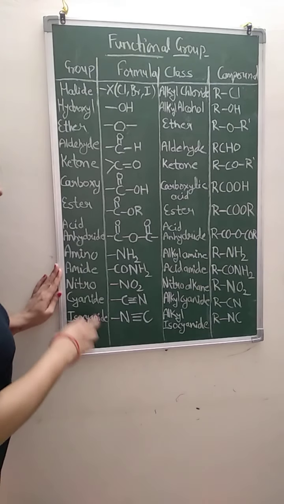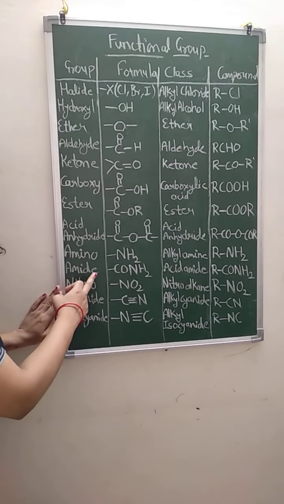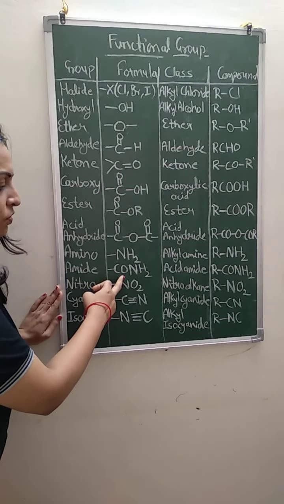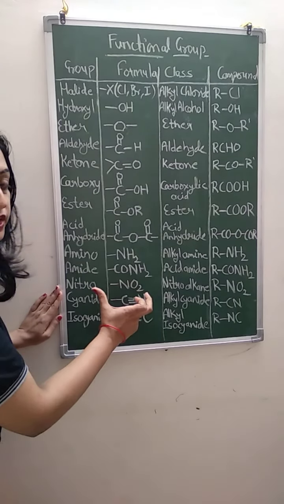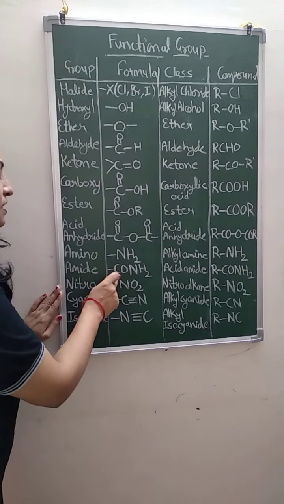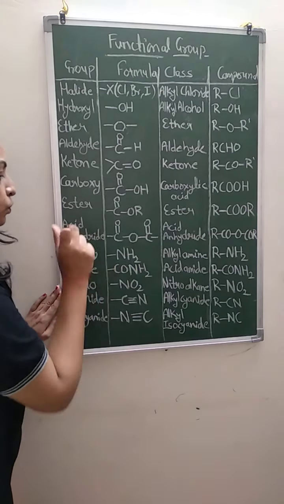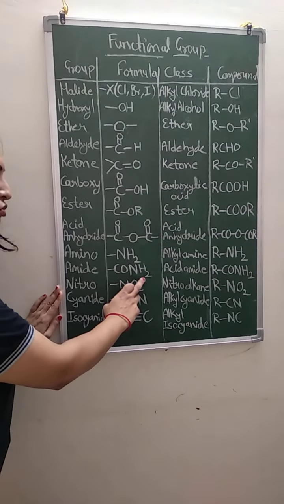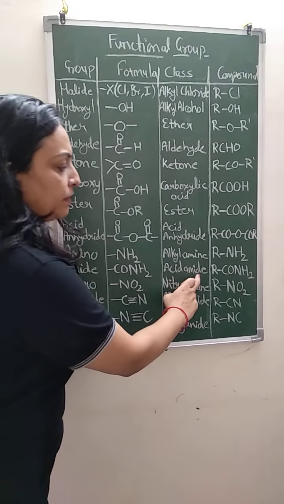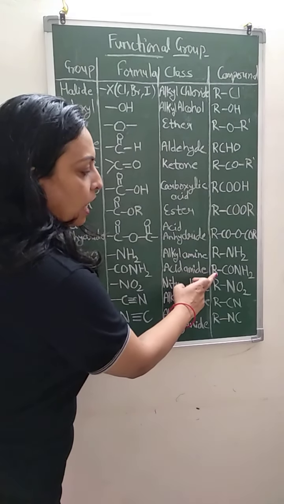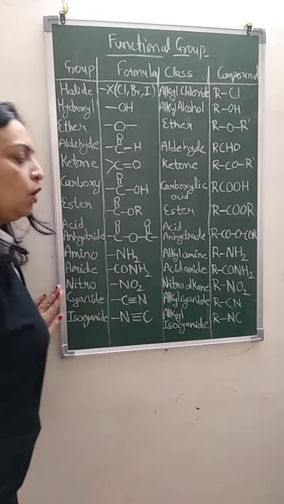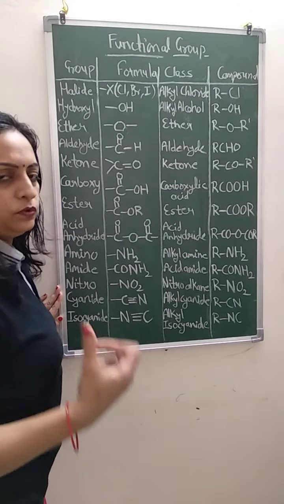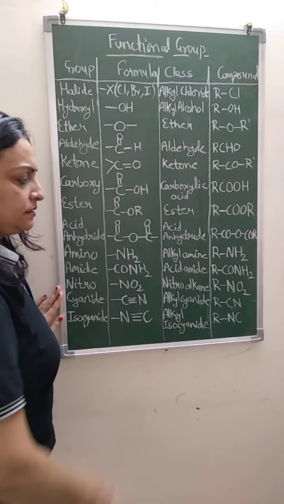RNH2. Now next is amide. The amide group is represented by a vacant position and CONH2. This represents our class of amide, CONH2. The name is acetamide and the compound formula is RCONH2. Whenever you see any compound with CONH2, then you recognize that it is an amide group.